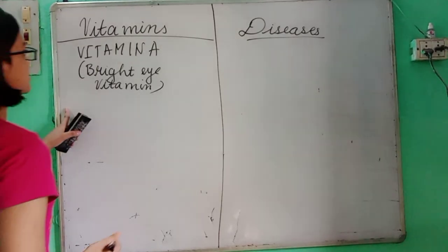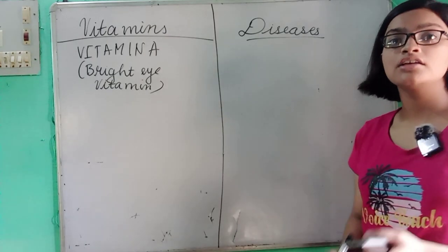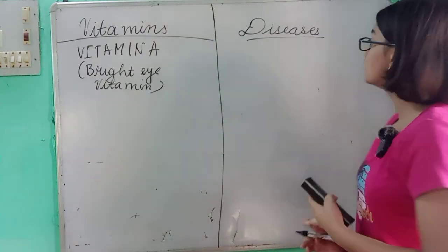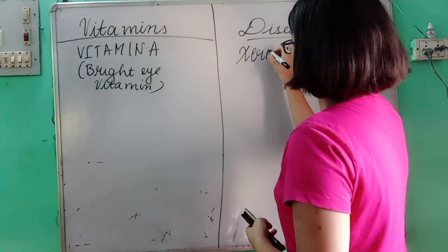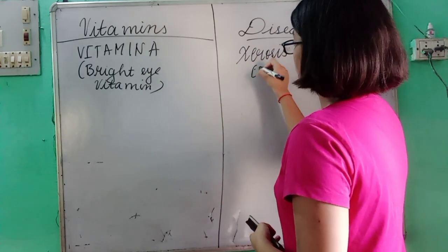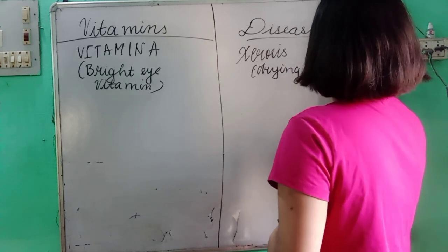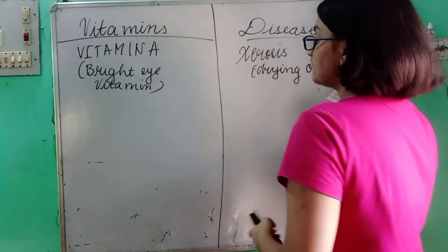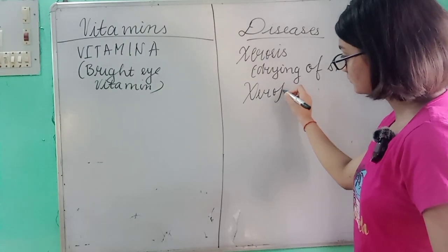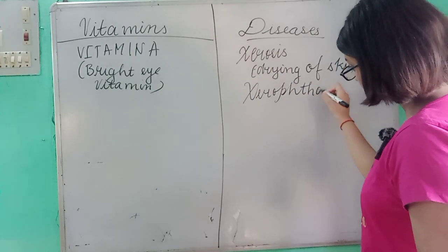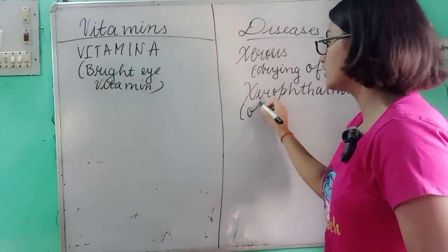Now let us see the diseases caused by vitamin A. Vitamin A causes 3 diseases: xerosis, xerophthalmia, and also night blindness. So xerosis, drying of skin. Second one is xerophthalmia, opacity of cornea.